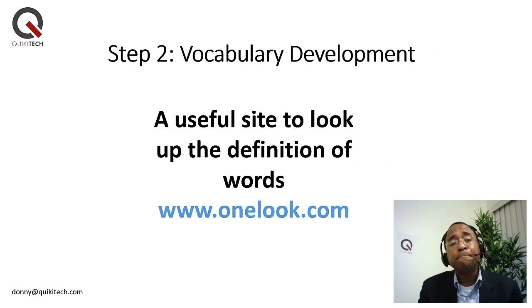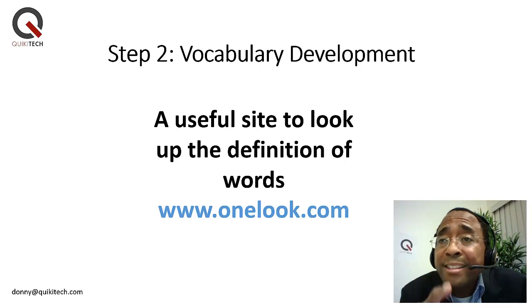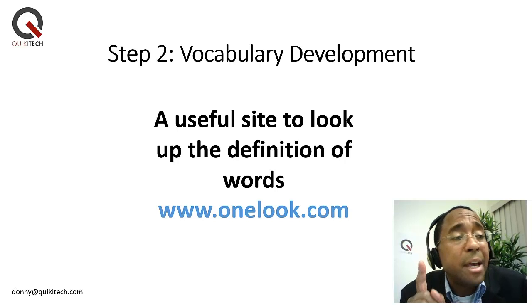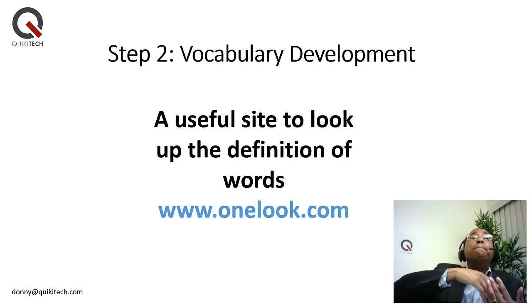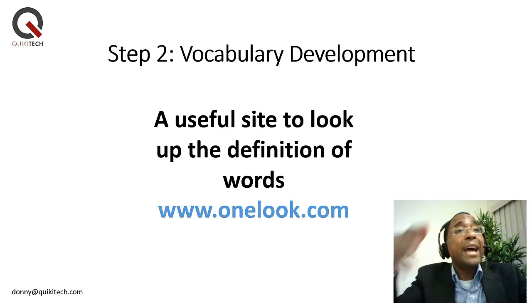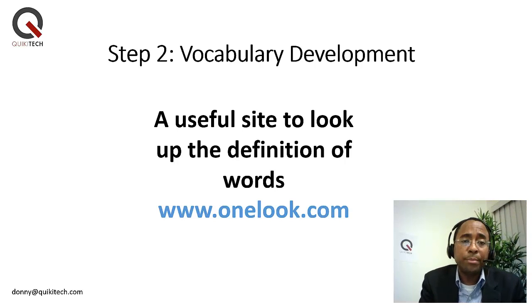questions you have. For vocabulary development, you may say, well, what's the best website to type in a word and get a definition back? Well, this site is excellent, www.onelook.com. Basically, it lists multiple sets of online dictionaries. So you can type in one word, and then you can see how different dictionaries actually give meaning to that word.